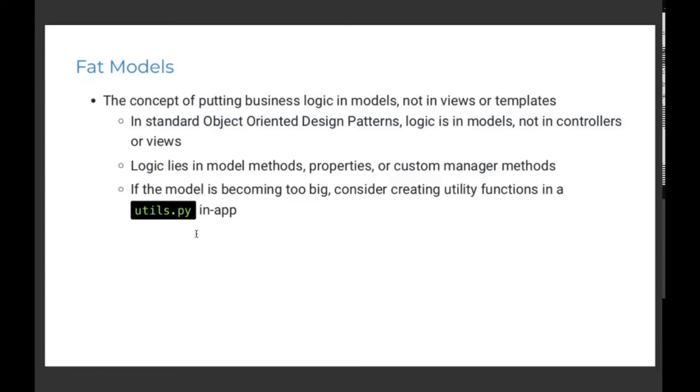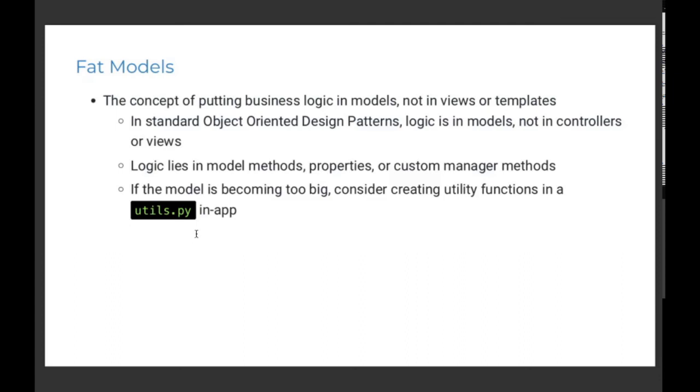They only deal with sending out what is going to be rendered on screen. So in Django speak, your view classes, your class-based views or function-based views should not have a lot of logic in them. Instead, it should live in the models.